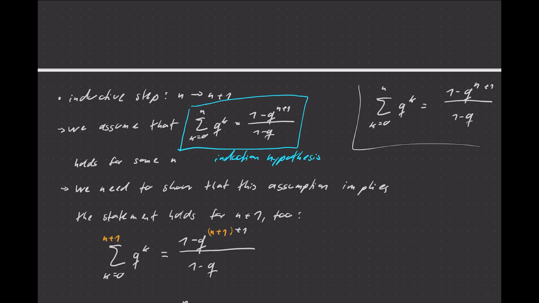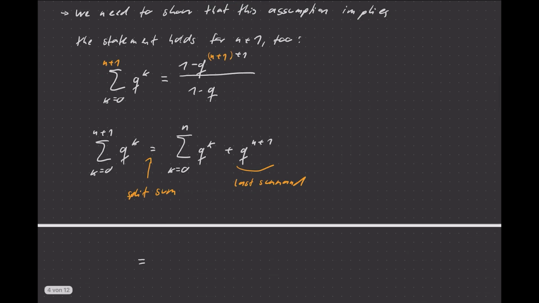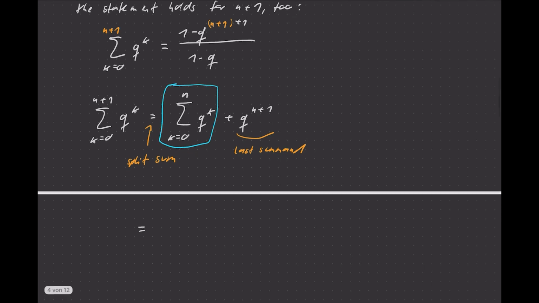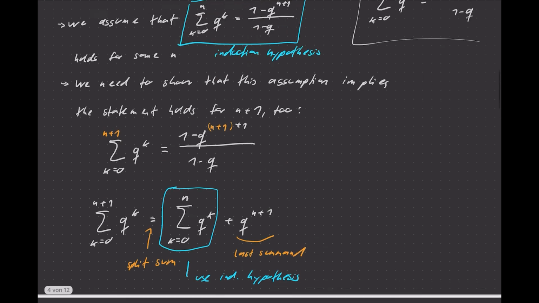So we have a formula for this sum that goes just to n. We can use that one. So on this part here, we use the induction hypothesis, meaning we can just use our formula.